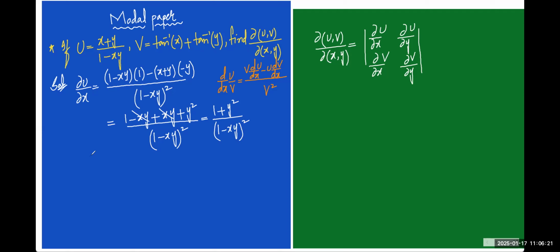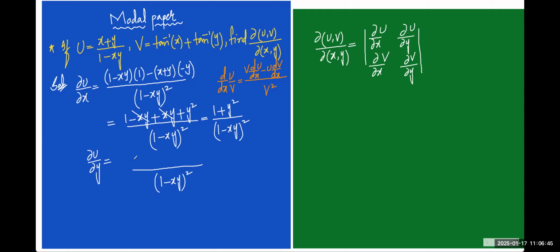Okay. Now this value of u we have to differentiate with respect to y. Again same story: numerator and denominator both contain the term y, so the same rule will be applicable. That is v square, 1 minus xy whole square.